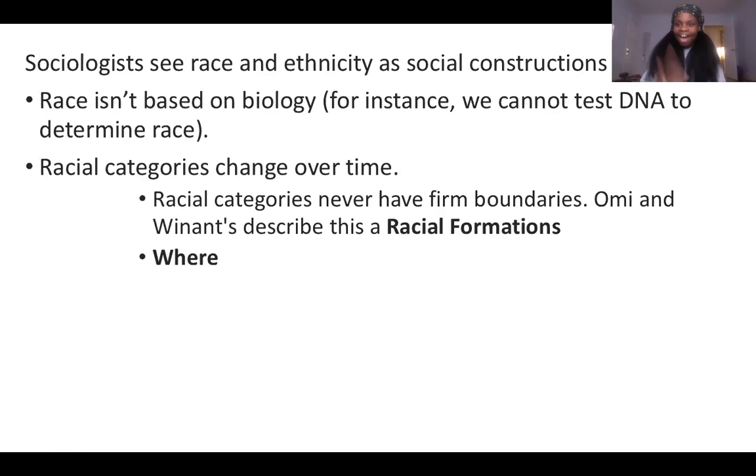It takes a long time for racial categories to change in the United States. But we've seen it specifically beginning with the 2010 census. That's the first time Hispanics could actually identify as white or Black, and the Hispanic category wasn't there.